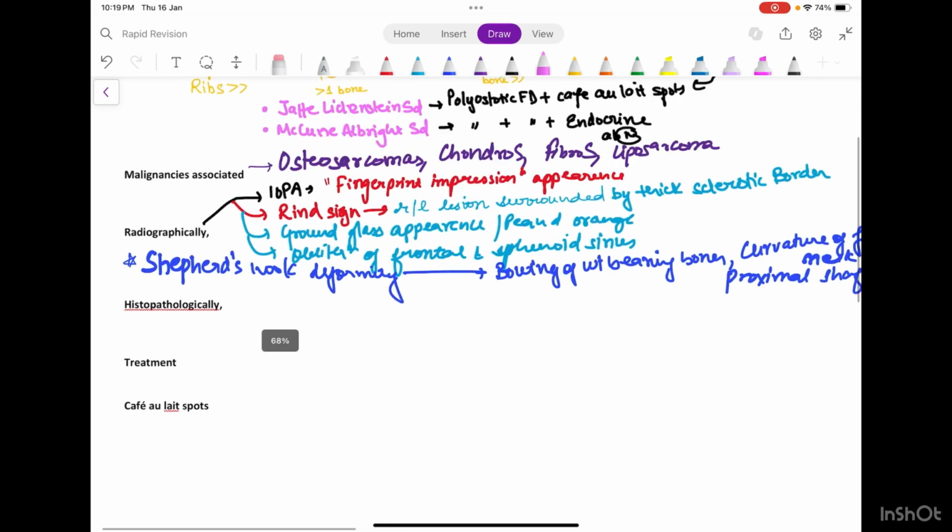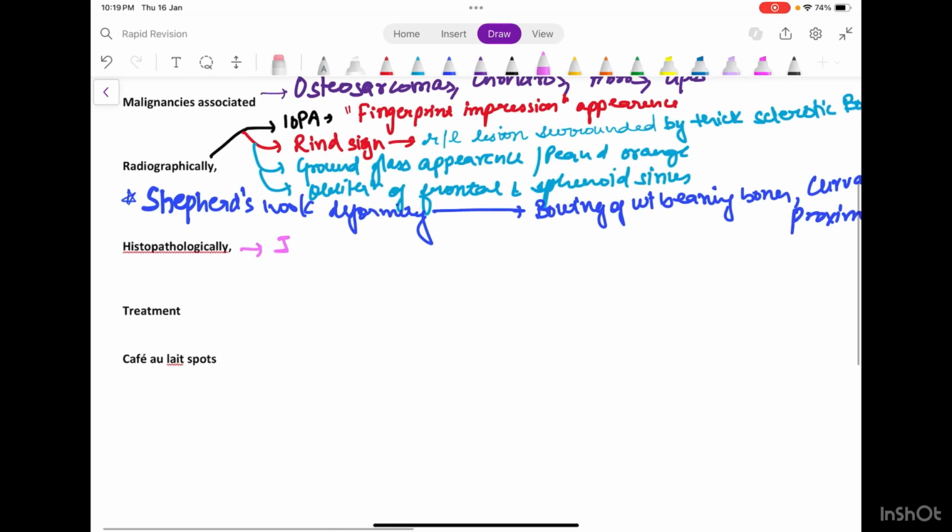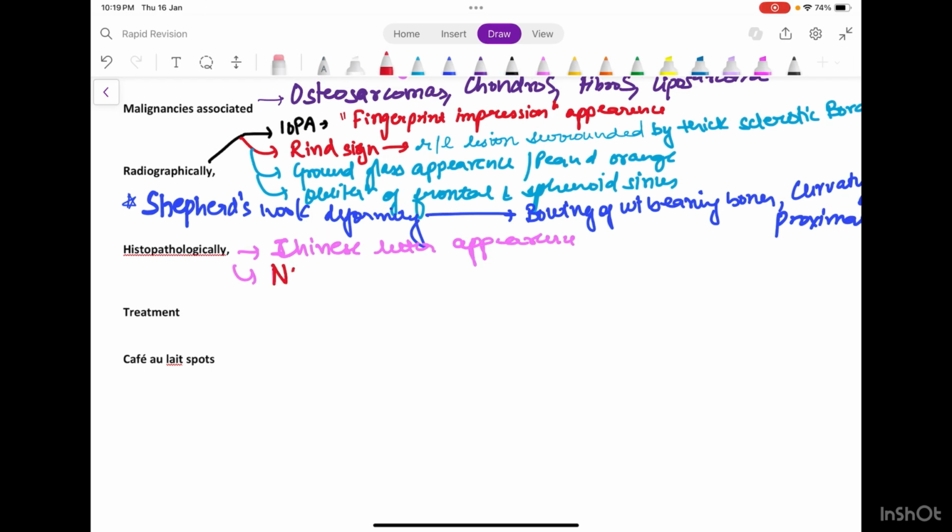Now histopathologically what we see is we see Chinese letter appearance. There is one important point you should know, that there is no osteoblastic rimming, plus there is blending with normal bone.